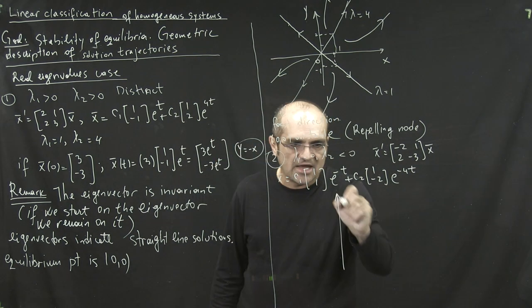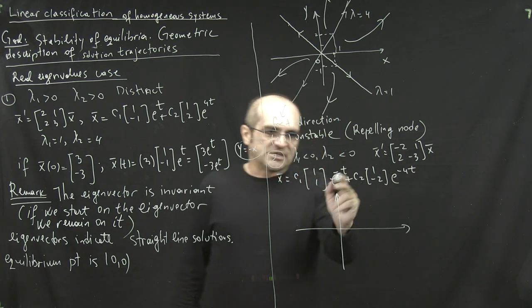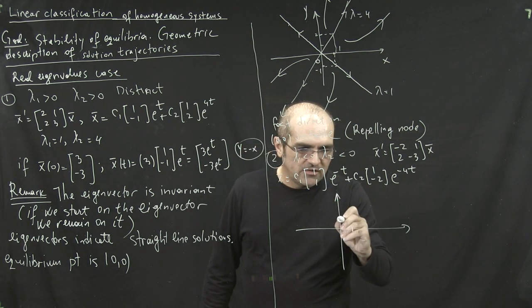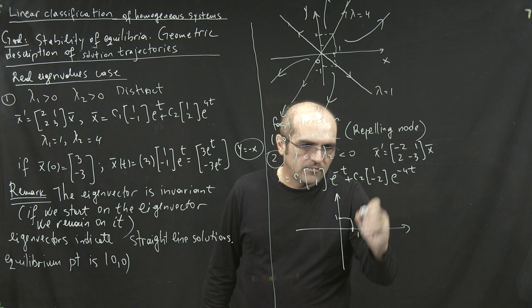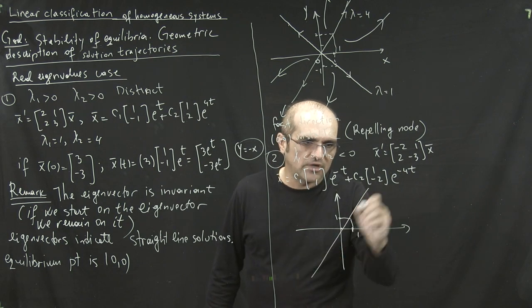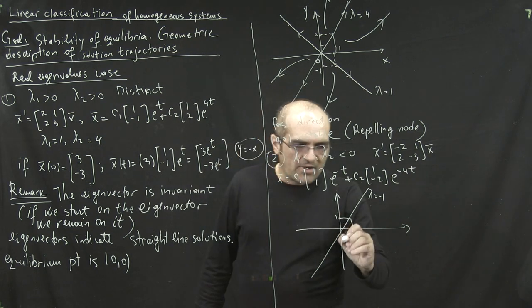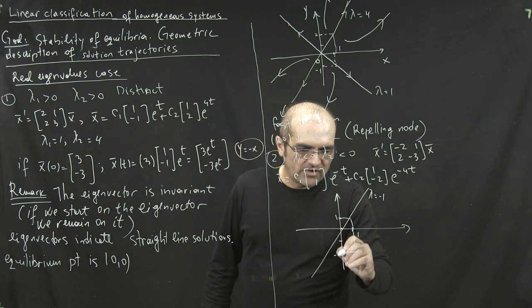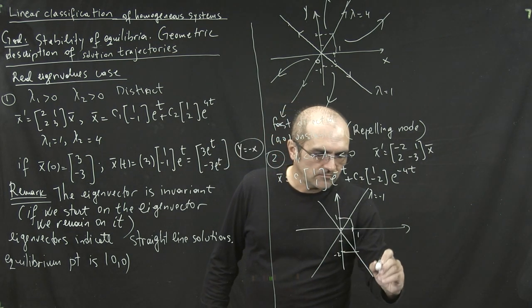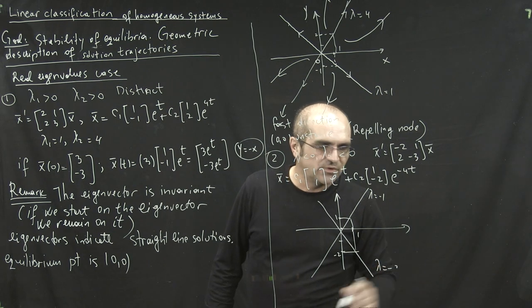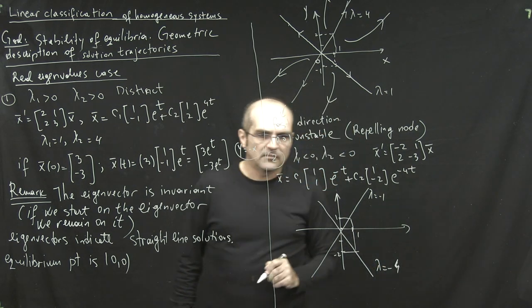So if you sketch the eigenvectors now, corresponding to minus 1, you have 1, 1. That's the eigenvector corresponding to lambda minus 1. And the other one is 1 minus 2 over here, corresponding to lambda equals minus 4.